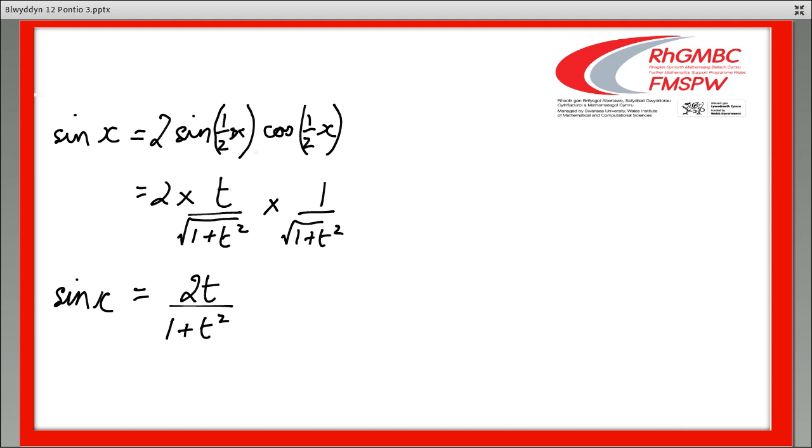And there's no square root because we're multiplying the square root by itself. So squaring a square root just eliminates it.